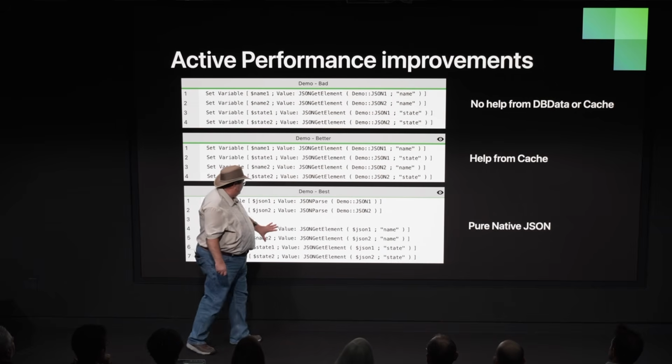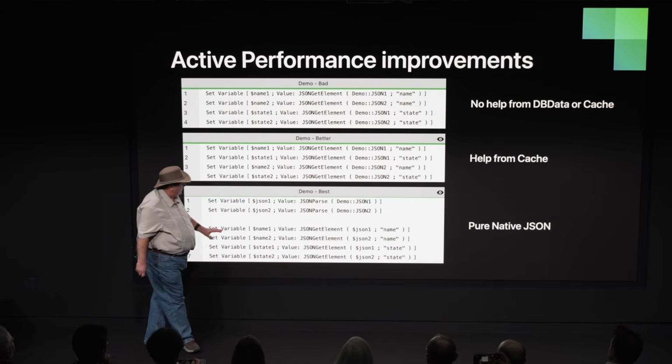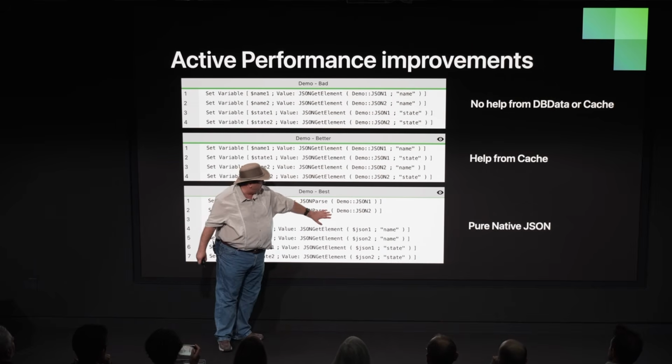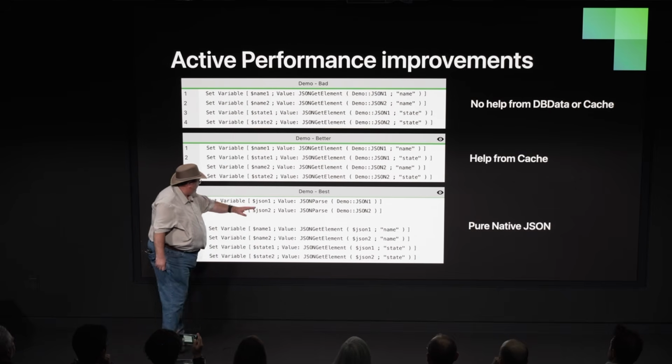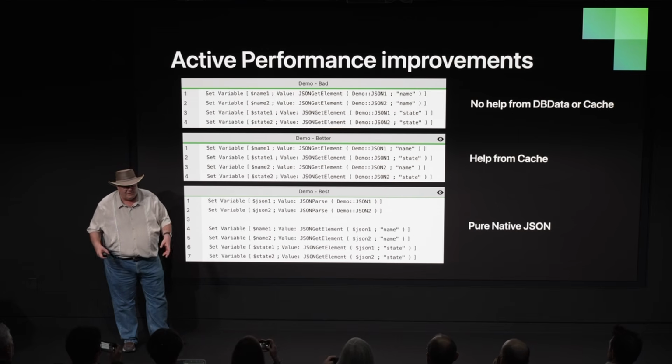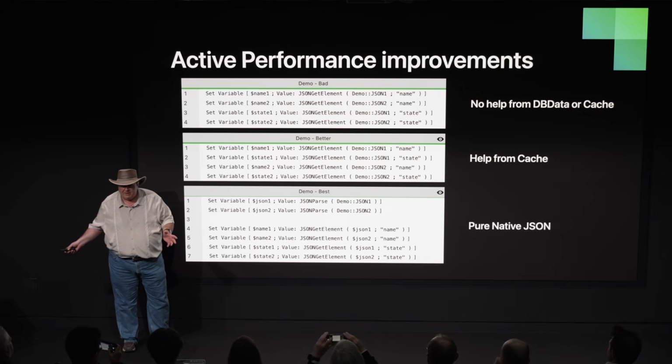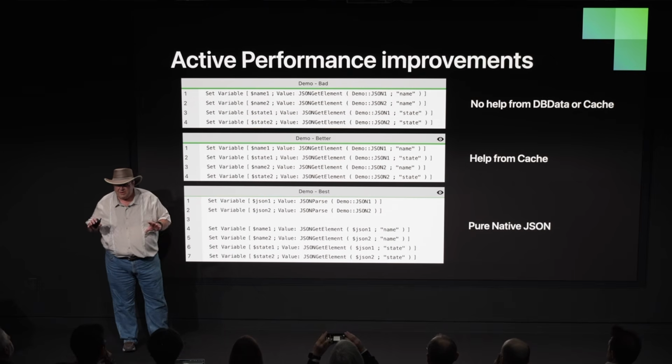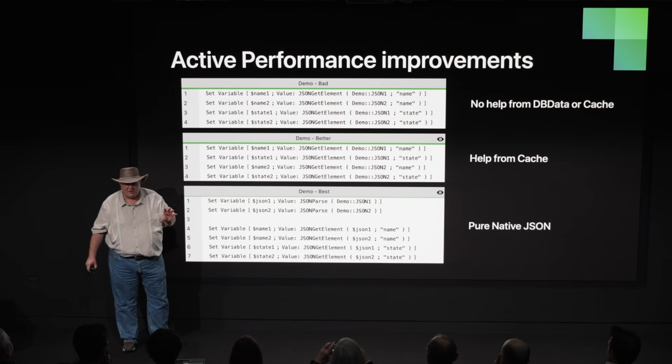The best way to do it is to load in your content from your fields and put it into a variable of some sort, either a global variable or a stack-based variable. Or if you're getting the JSON from, say, insert from URL, hopefully you were dumping it into a variable and not into a global field. Because even a global field, you want to put it into a variable that's a memory-based structure that's hanging around.